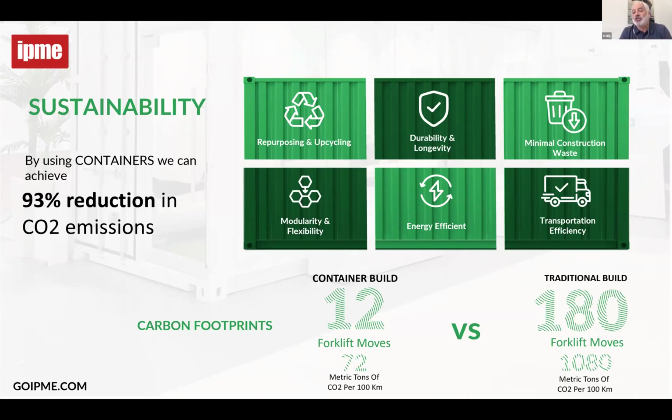So we reduce emissions just through this thought process by about 93% in the carbon, the CO2 metric tons. We can have a measurement based on forklift moves and our metric tons of 72 versus 1,080. And that's just one booth. And think about how the conservation could happen if there was a different thought process in how we operate.